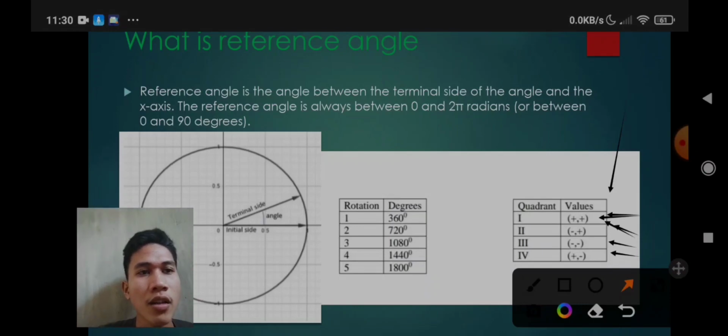So this is the values of quadrant in the unit circle.